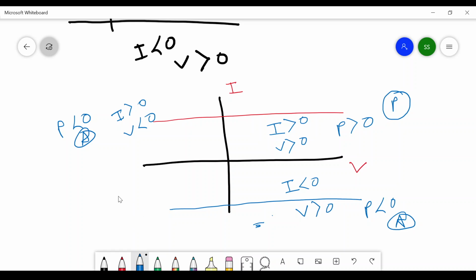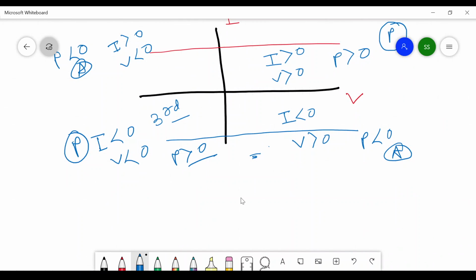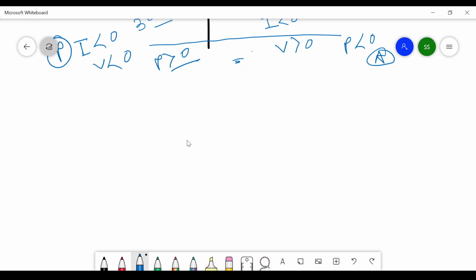Similarly, if I think of the third quadrant, what is happening here? I is negative, V is negative, so P is positive, that means it is a passive element. Here the current source is acting as a passive element. Similarly, what will be the energy delivered or absorbed by the current source?